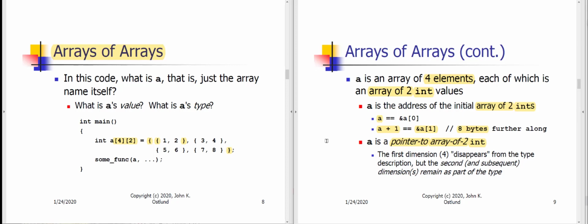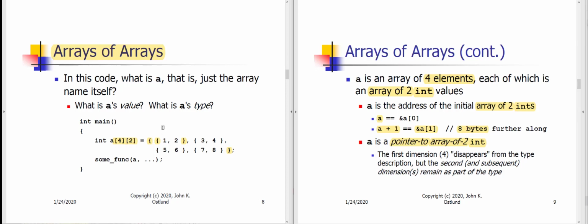I'm going to be stressing the importance, for being a highly skilled C++ programmer, of paying very close attention to the data types of your objects at all times. It is correct to say that A is an array, and it is correct to say that A is a pointer. But although that's correct, it's not enough information for you to fully understand how to use A. To be accurate, we have to say that A is an array of 4 arrays of 2 ints.